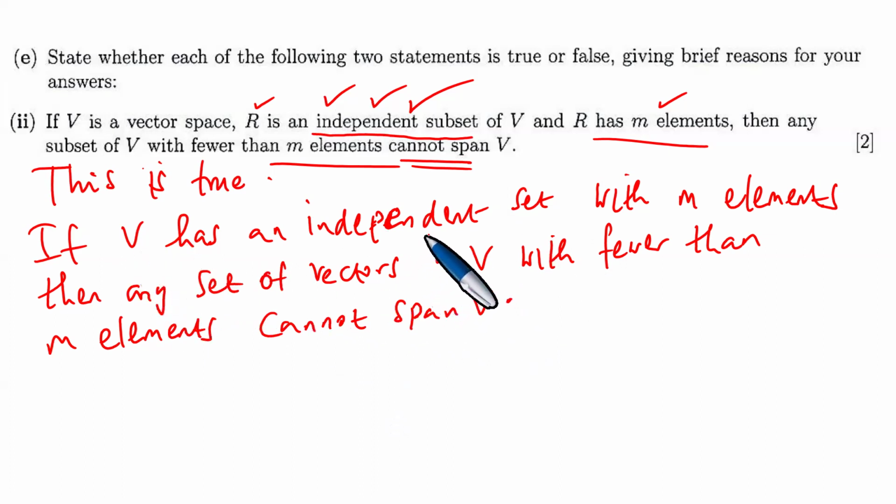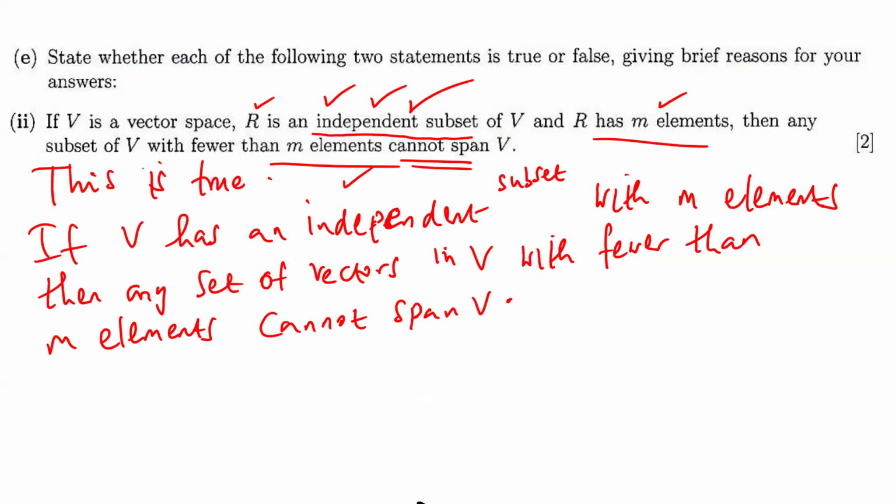So R is an independent subset of V. Let me write it properly here: V has an independent subset with M elements, then any set of vectors in V with fewer than M elements cannot span V. Why? Because the one that is spanning V is linearly independent, then we can't reduce the elements.